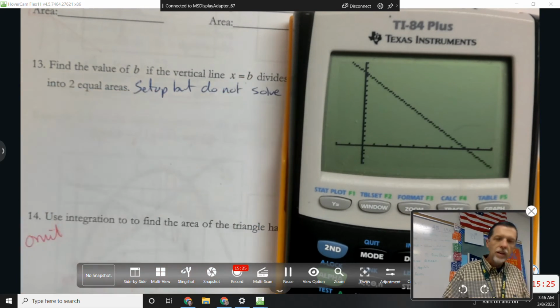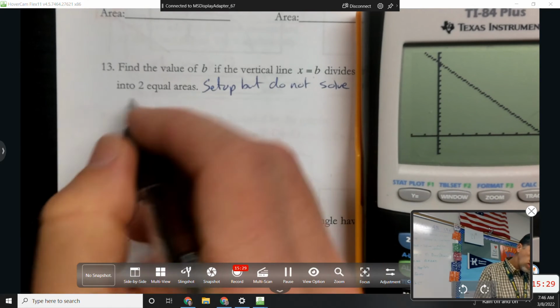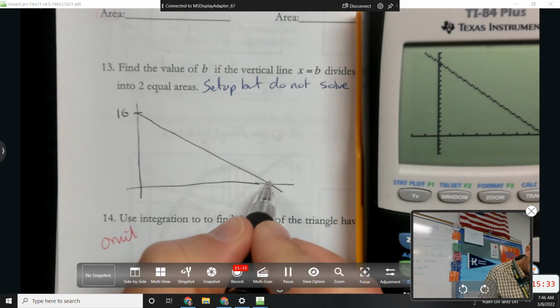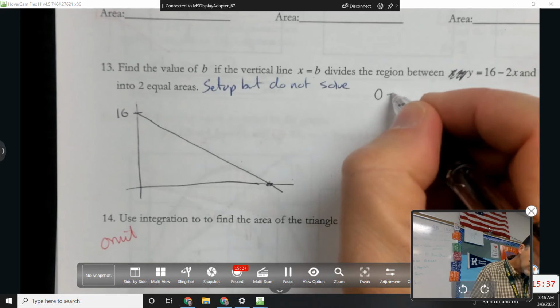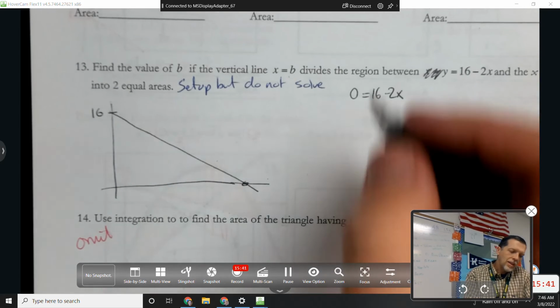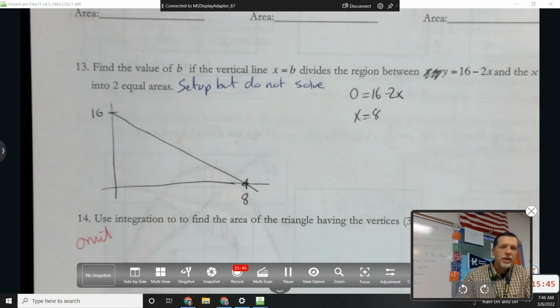That's pretty good. So I know it starts at 16. I could find an x-intercept there on the calculator, or I could just do this one by hand and be like, oh, when x equals 8, it's at the bottom.